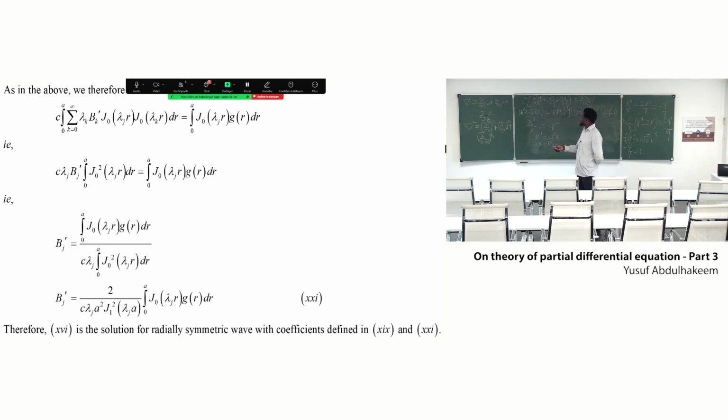So also, by the time we carry out all the integrals, we are going to obtain our constant, which is b_j here, to be equal to this. On integrating, this will give us the exact equation that is representing this b_j. Therefore, this is the solution for the radially symmetric wave with coefficients defined in these equations.